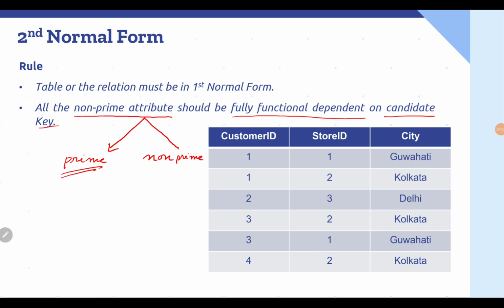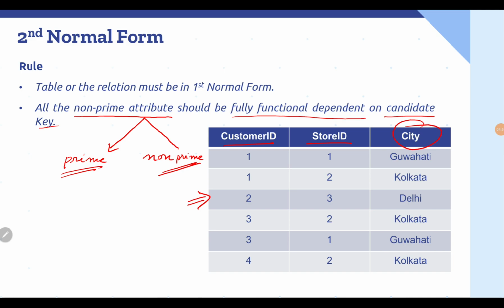Any attribute which participates in identifying records uniquely is called a prime attribute. For example, the primary key, candidate key, or composite key are prime attributes. In this table, customer id and store id are the prime attributes, and city can be termed a non-prime attribute.